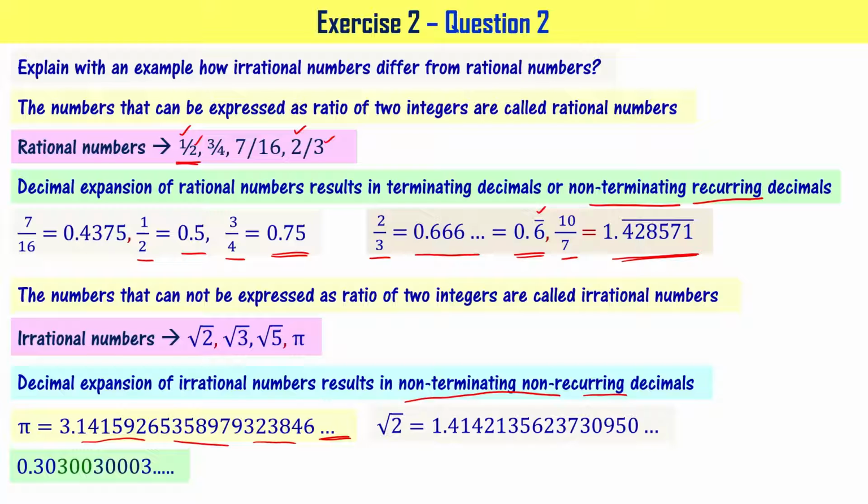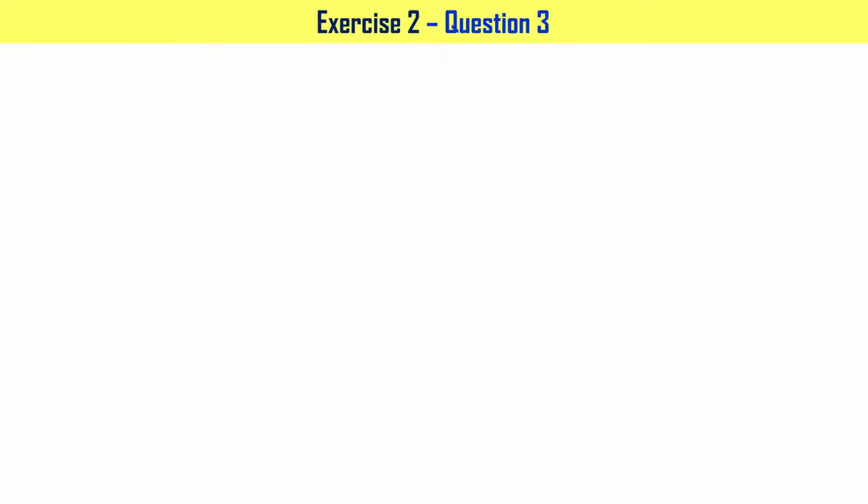Now you understood what it means by rational numbers and what it means by irrational numbers, and what is the difference between the decimal expansion of rational numbers and the decimal expansion of irrational numbers, right? Question number 3.